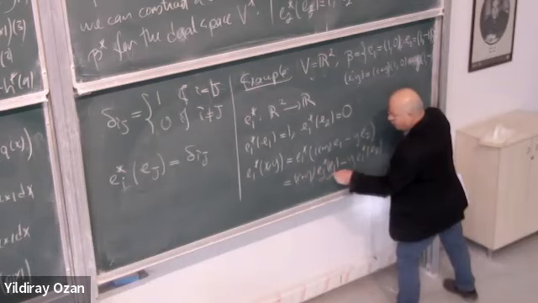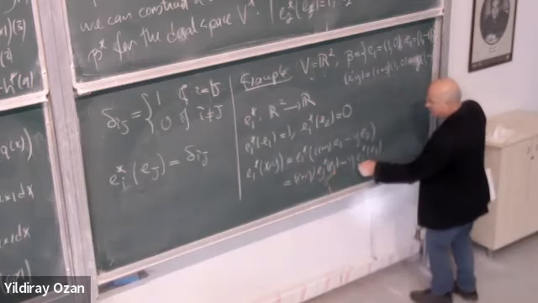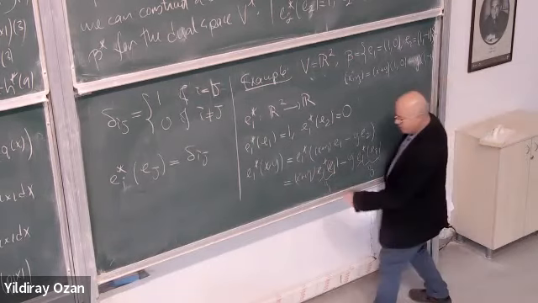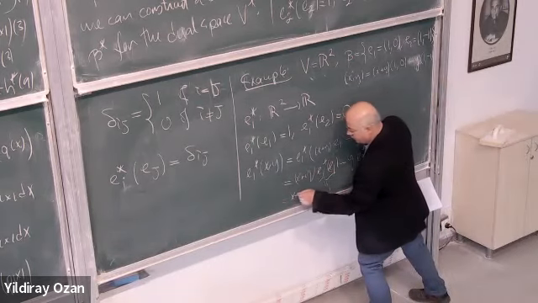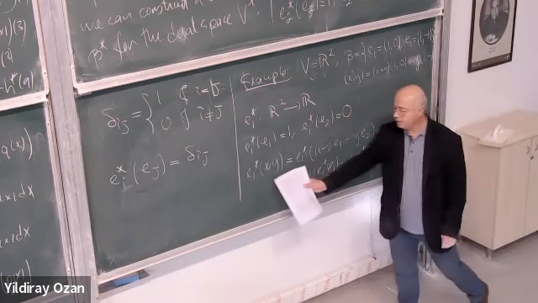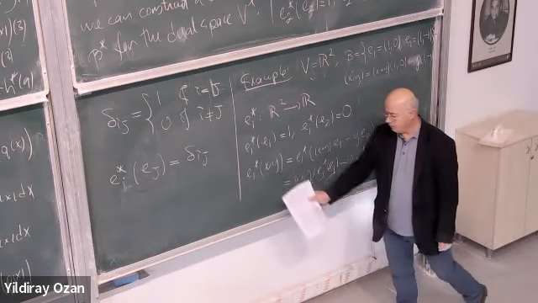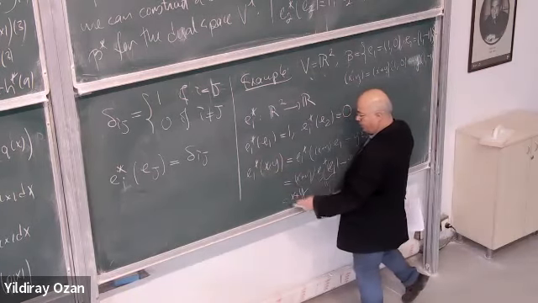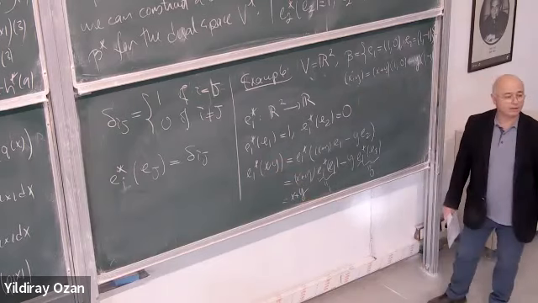Well, E1 star of E1 is just 1, E1 star of E2 is just 0. So this is just x plus y. So E1 star is given with this expression. E1 star of x comma y is just x plus y.